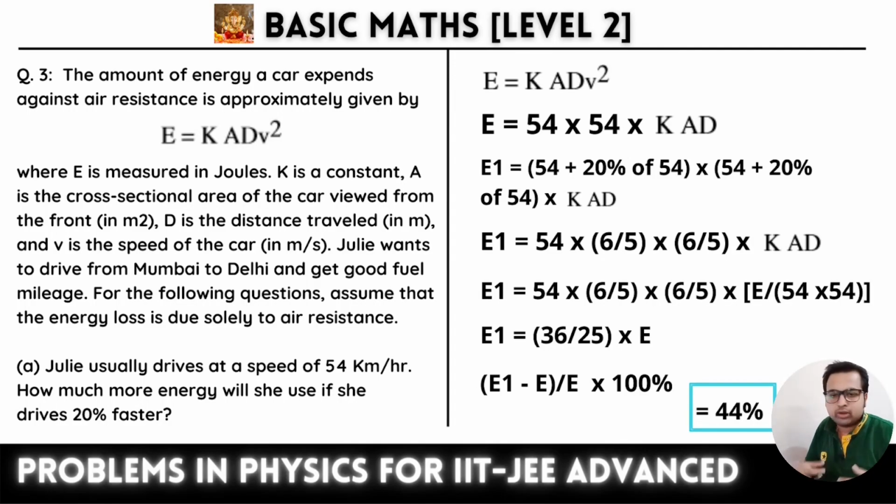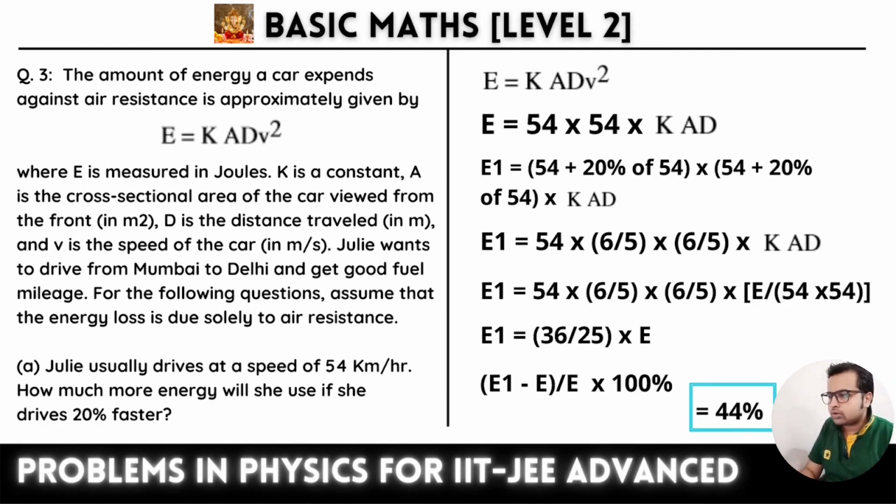Definitely now the velocity will become 54 plus 20% of 54, and if we put this velocity we get E1. So E1 is the loss in energy at high speed. When we substitute the values, we get E1 is equal to 54 into 6 by 5 into 6 by 5 into KAd. This you can easily get by simple mathematics.